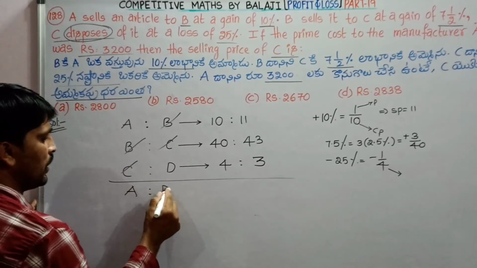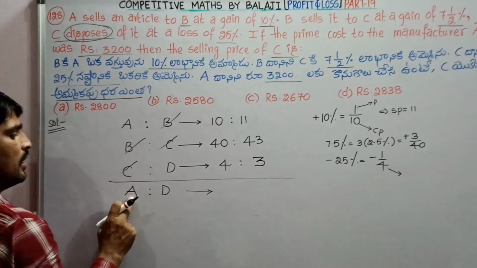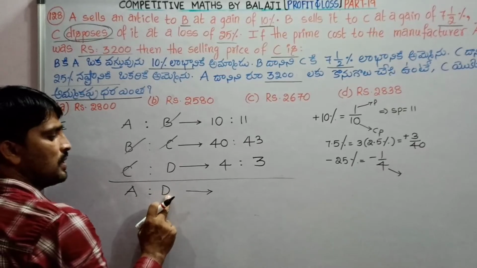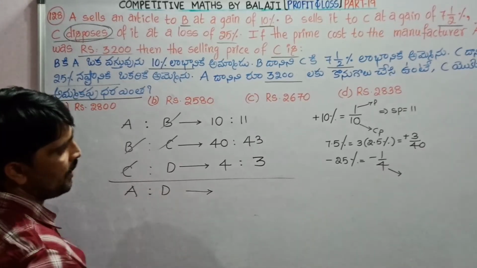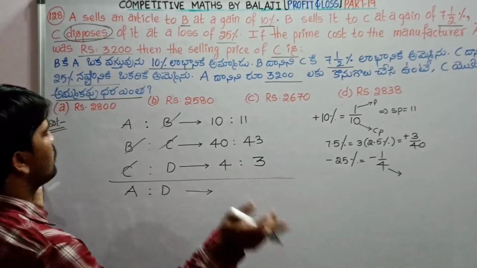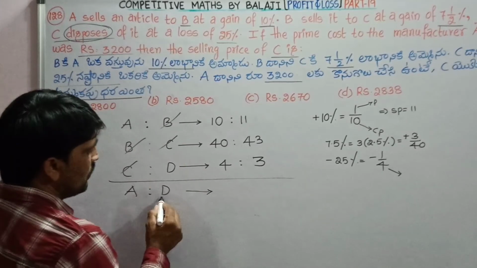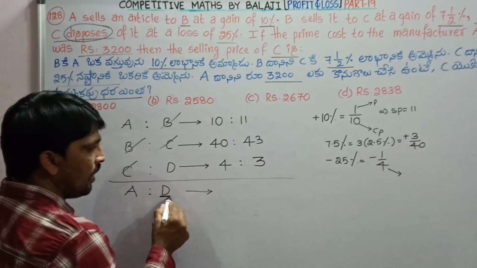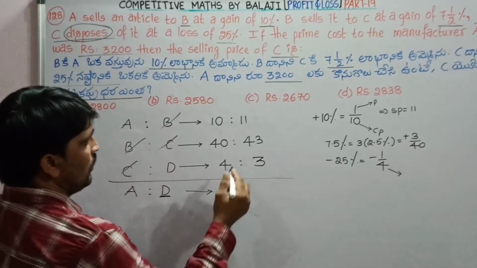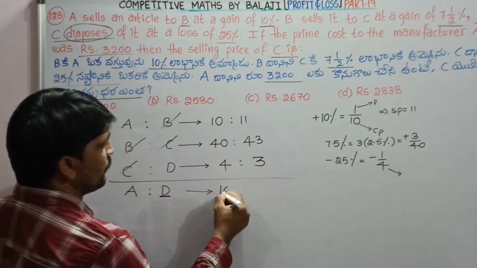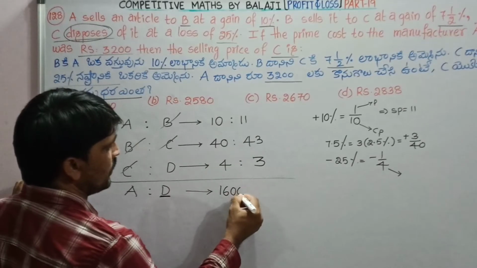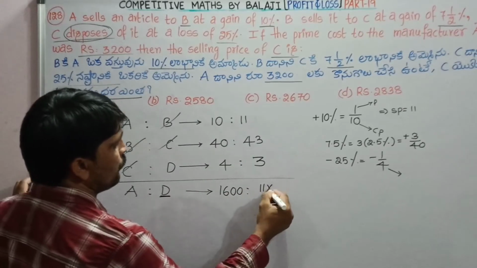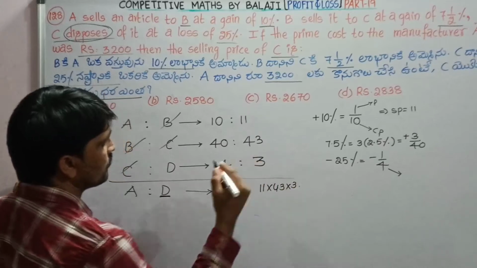We get A is to D, that is, cost price of the article for A is to cost price of the article for D, where D purchases the article from C, that is, cost price for D or selling price of C. So consider the ratio 1600, 4 4s are 16 into 100, 1600 is to 11 into 43 into 3.